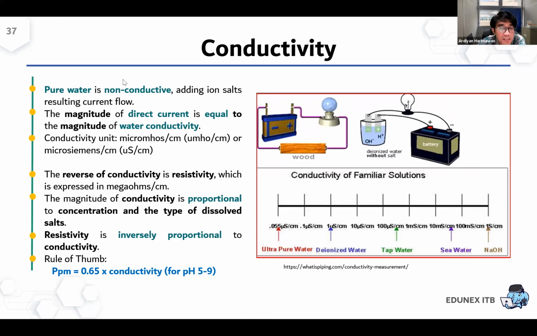Yeah, why is this conductivity test done? I mean, why do you need to test the conductivity of the water? So basically, the conductivity is related to the concentration of salts inside the water.